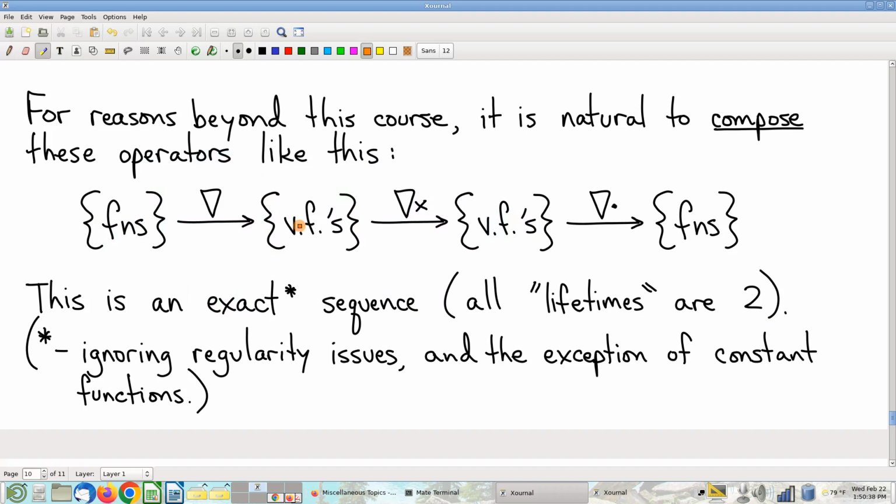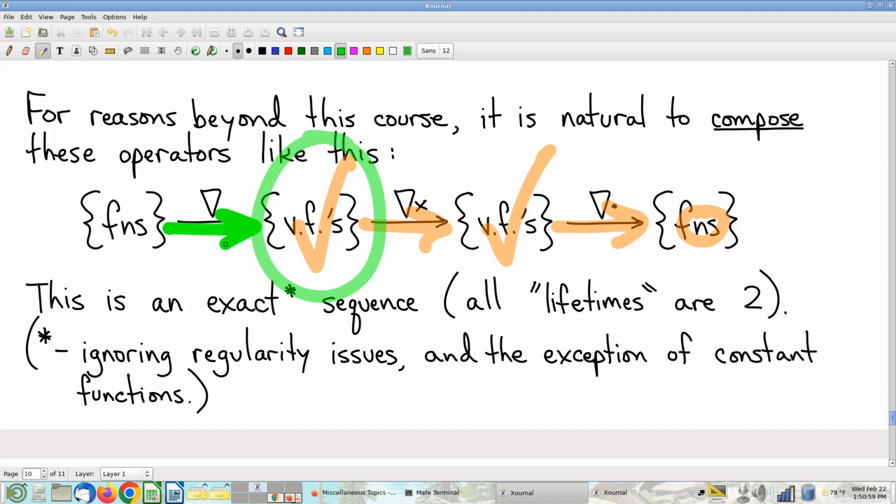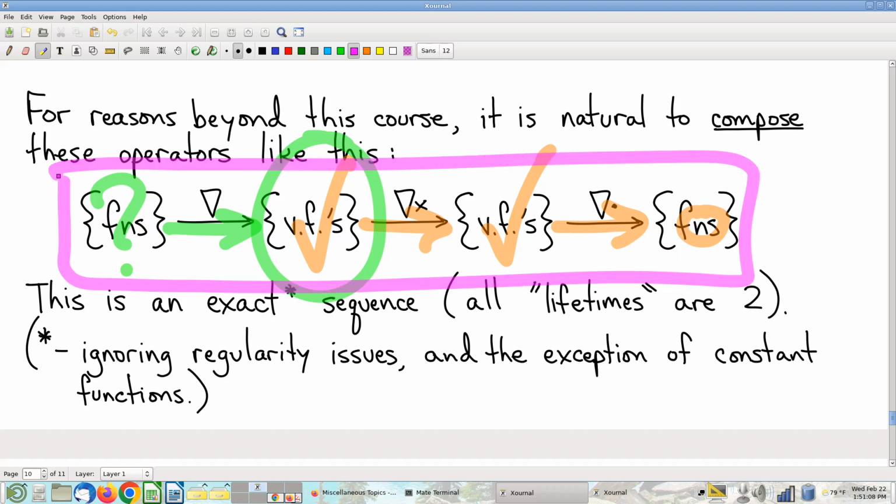Now it could be that I have a vector field that I take the curl of to get, of course, another vector field, and that maybe I take the divergence of it and get 0. This also is a lifetime of 2, but where this is useful is you might wonder to yourself, couldn't it be that this initial vector field itself might be the gradient of some function? And if that were the case, wouldn't that mean that the total lifetime was 3?